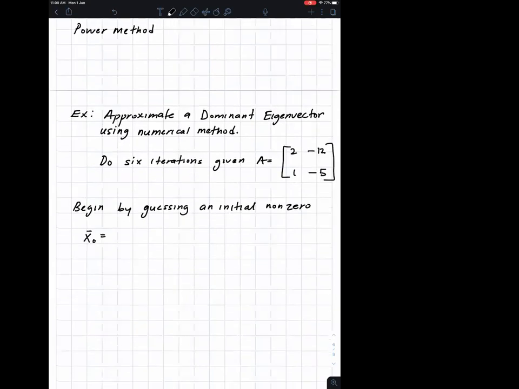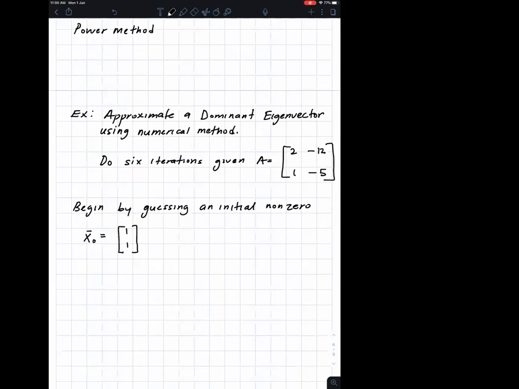So I'm guessing my initial eigenvector is [1, 1]. This is something that you can guess. If you want to guess non-zero values, you can guess 1, 1 or 2, 2 or 3, 3.